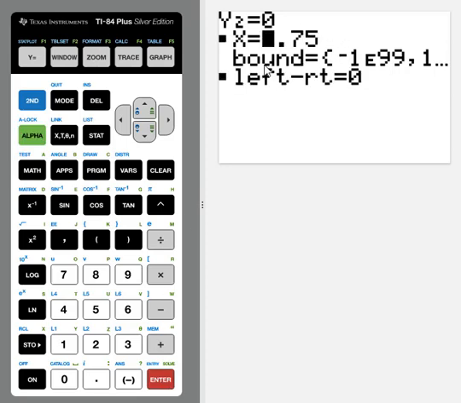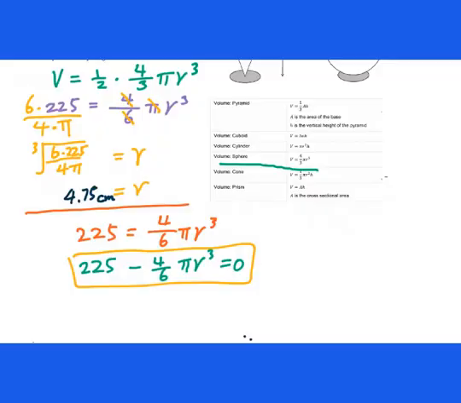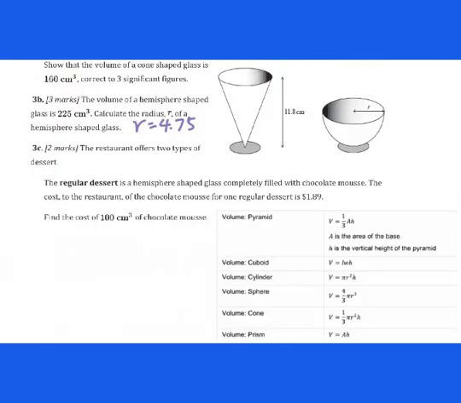You will get the solution. We got the same answer, 4.75, when we use the equation solver. For the IB exam, when you have a complicated equation, solver is preferred.